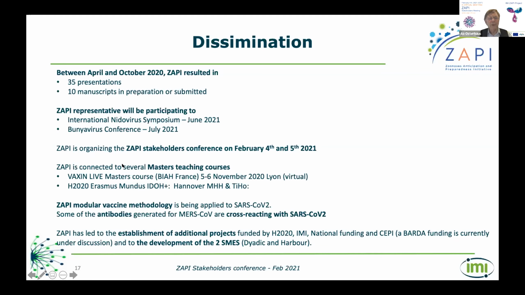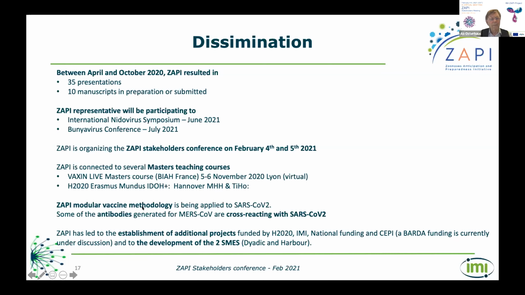ZAPI is connected to several master teaching courses to stimulate the new generation to go into this, organized or participated in by Boehringer, and here we see the H2020 Erasmus Mundus from Hanover, a collaboration between the veterinary faculty and the medical faculty.